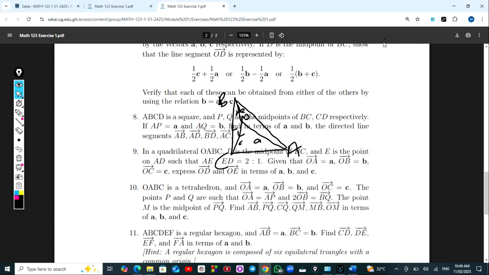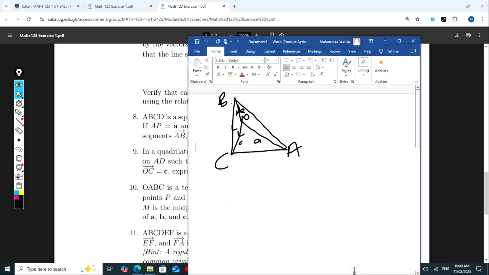So let's continue. The points P and Q are such that OA is equal to AP. We aren't told that P and Q are points on or inside the tetrahedron or outside the tetrahedron.